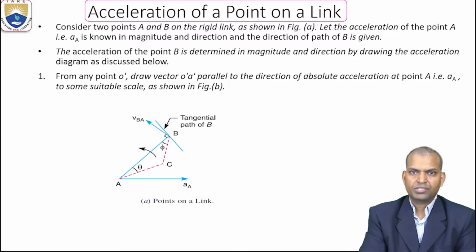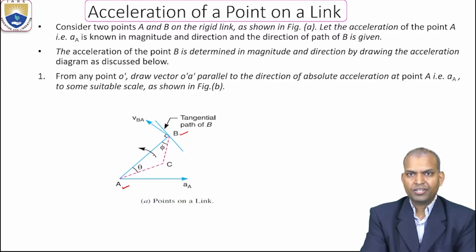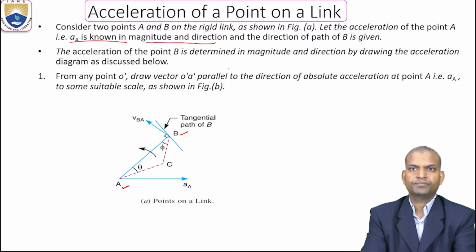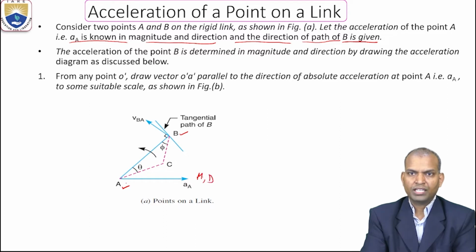Consider 2 points, A and B, on the rigid link AB. Let the acceleration of point A, AA, be known in magnitude and direction, and the direction of the path of point B is given. Here for point A, both magnitude and direction are known.